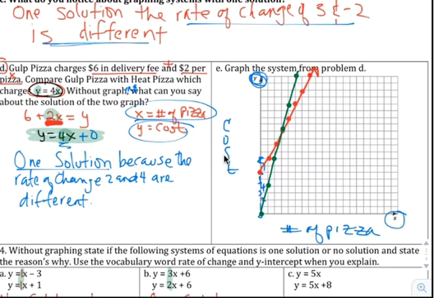So the solution here is, 1, 2, 3, 4. No, 3 pizzas for 8, 9, 10, 11, $12.